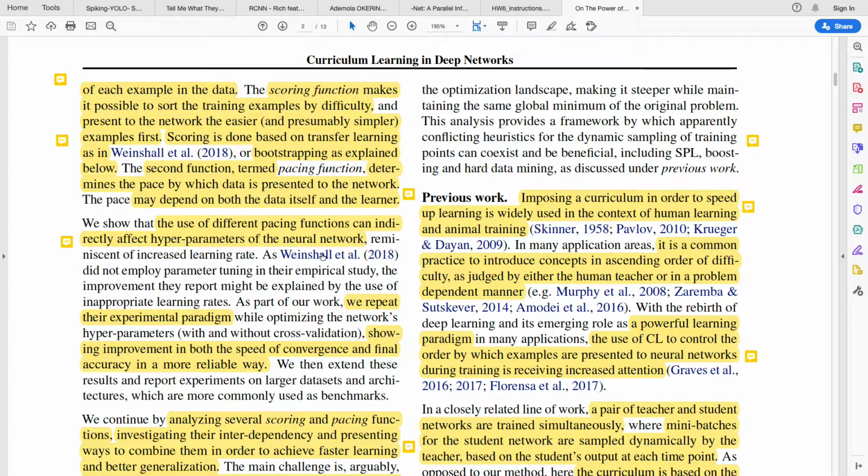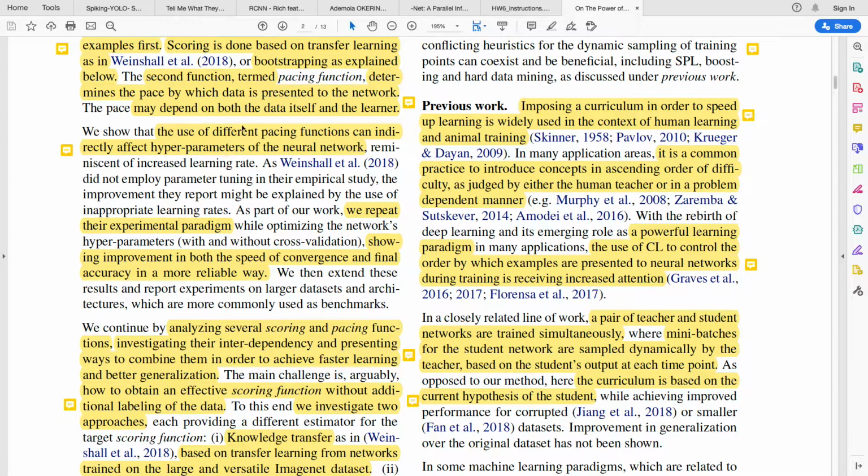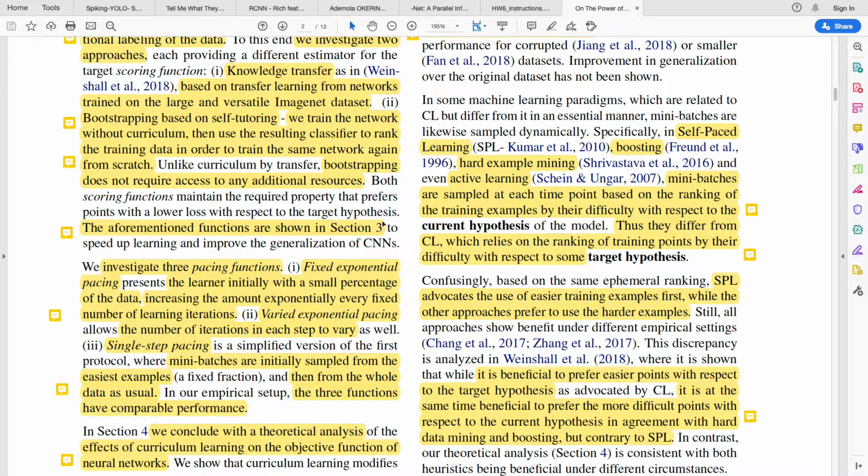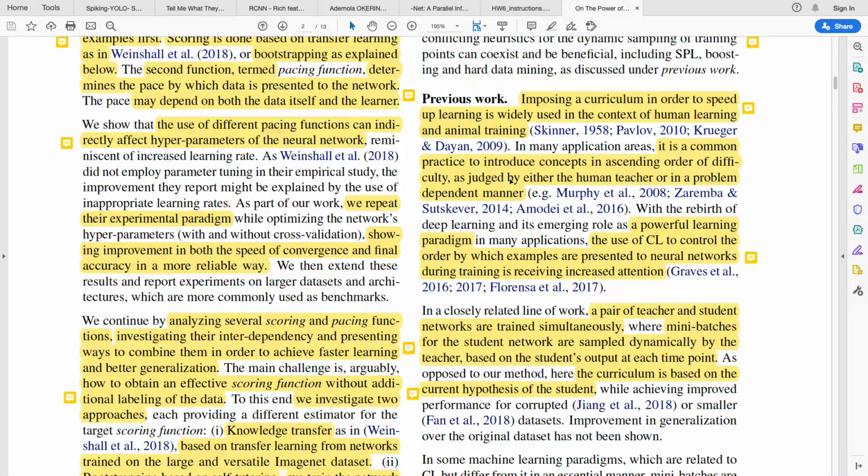That's what the pace is saying. So you want to train your network and let it be good on the easier ones before you build on top and present more difficult ones. And that depends on the data itself and the learner. We'll see the function shortly.